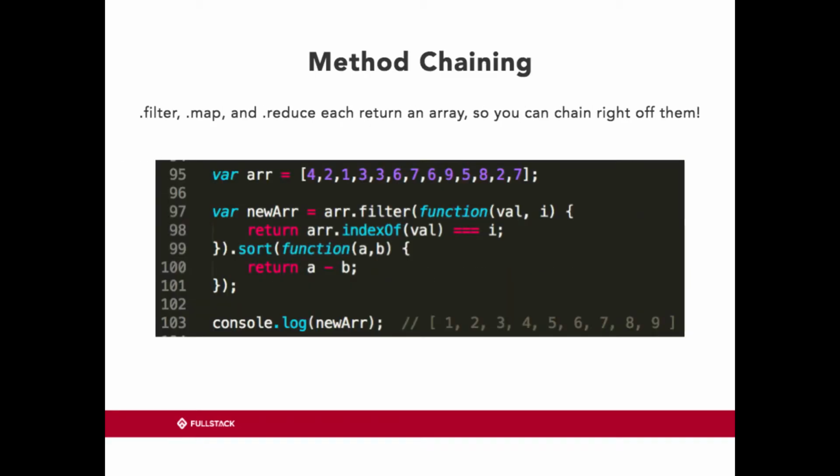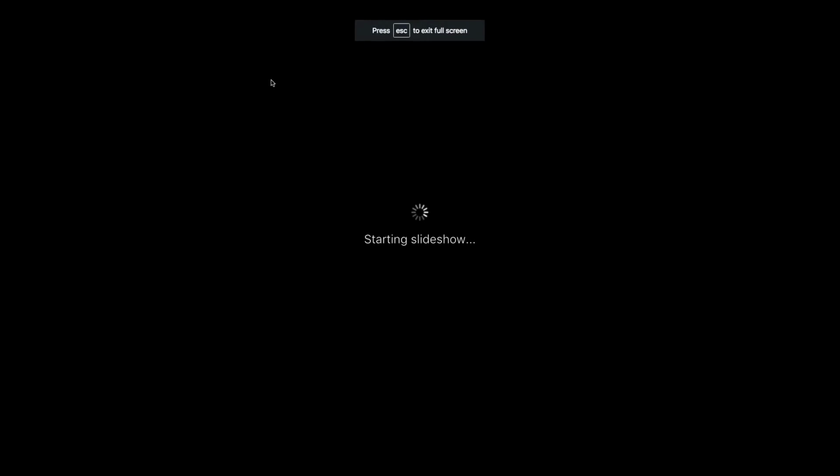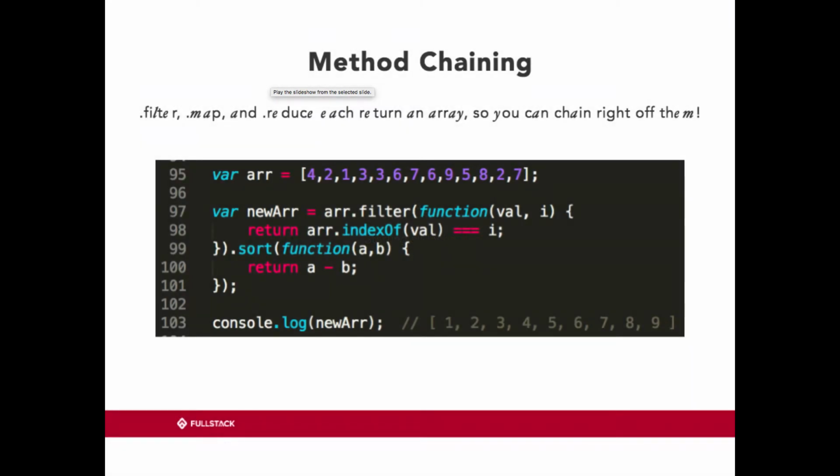Method chaining is something that is very poorly shown here. It basically says, hey, I can actually do several of these functions at once, right? Because map returns an array, filter returns an array, and reduce can return an array. If I'm returning an array, it means I can call any of these methods on what gets returned right away.